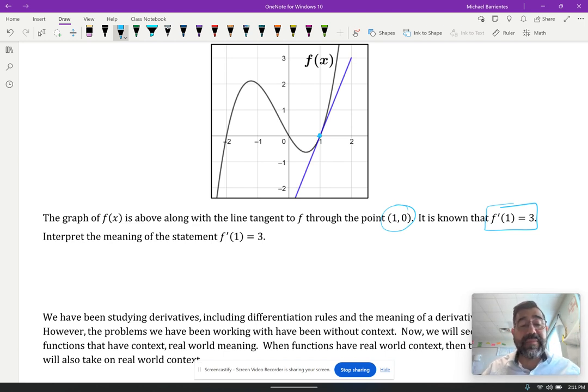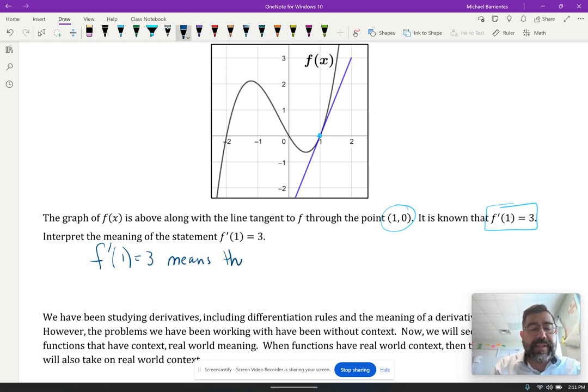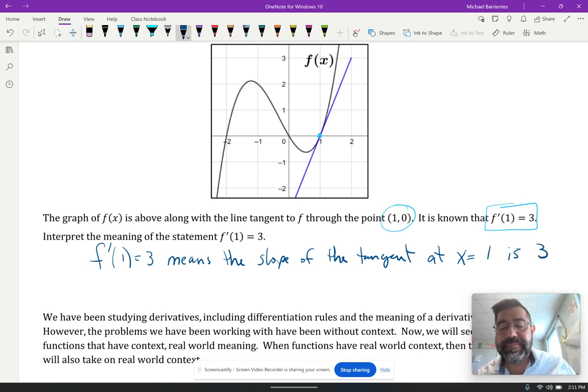Well, I should write the full statement: f prime of 1 equals 3 means that the slope of the tangent line at x equals 1 is 3.